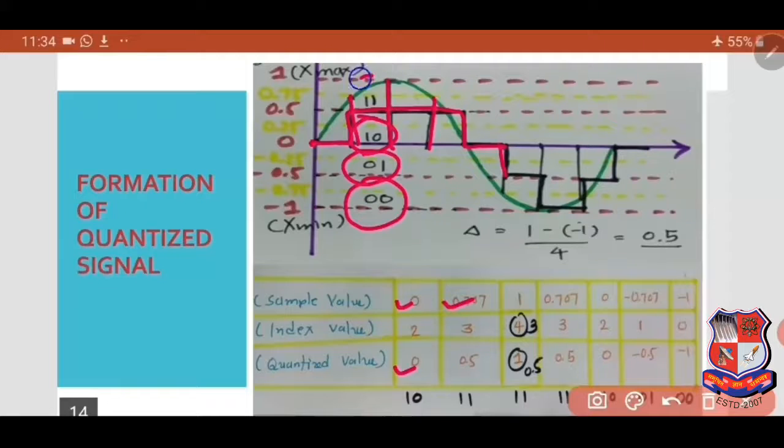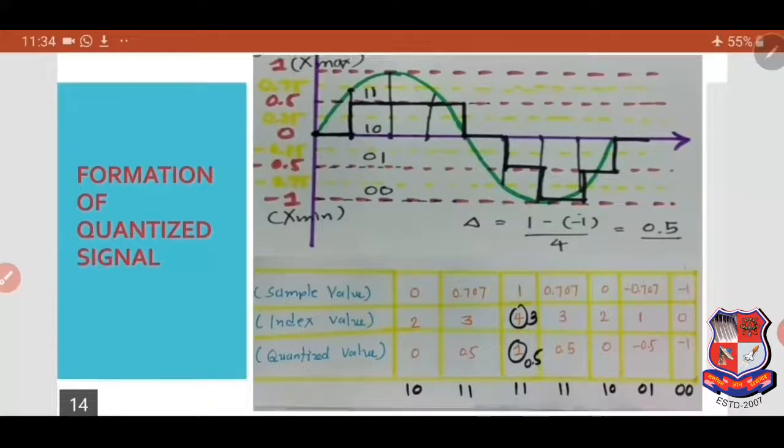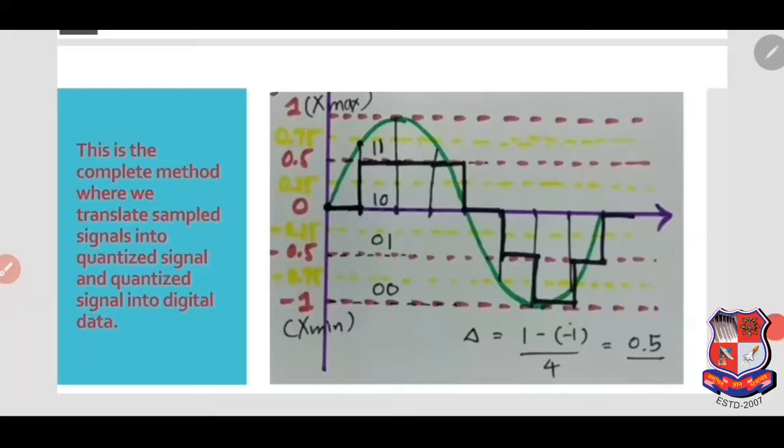This digital output will be understood by our computer system, and we will feed this data to our computer system and it will proceed to our desired output. So finally, this is the complete method where we translate sampled signals into a quantized signal and the quantized signal into digital data.